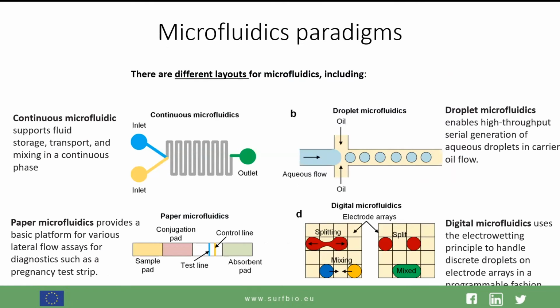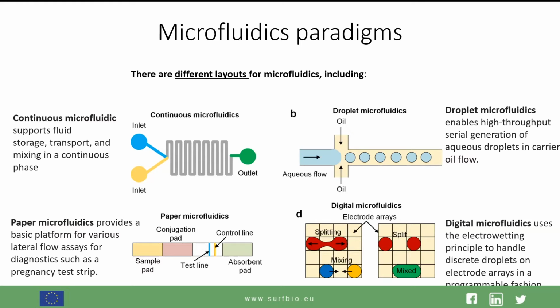What's the idea of microfluidics? There are different layouts. It's manipulation of fluids at the micro level. There are 4 general branches. The first is continuous microfluidics, when we mix just 2 liquids in special conditions and get soft liquids as a result.